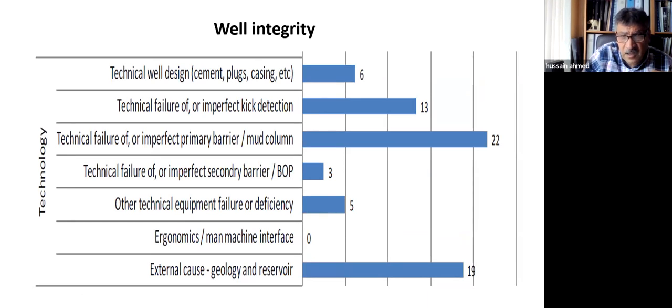We talk about the mud column as well, because the mud column is also a barrier. The blowout preventer is a barrier. Any failure and deficiency is important. The way we are assembling the wellhead, the geology of the reservoir, natural fractures, fracturing of the cap rocks.